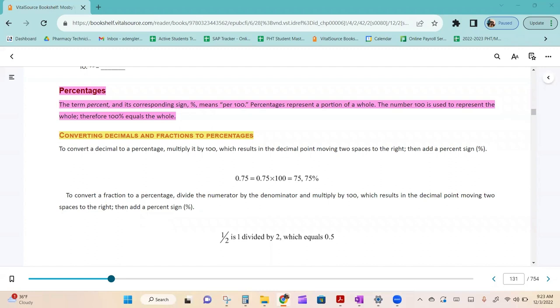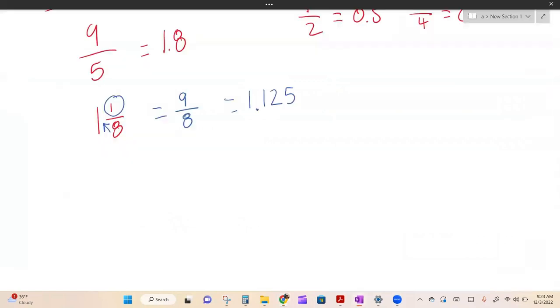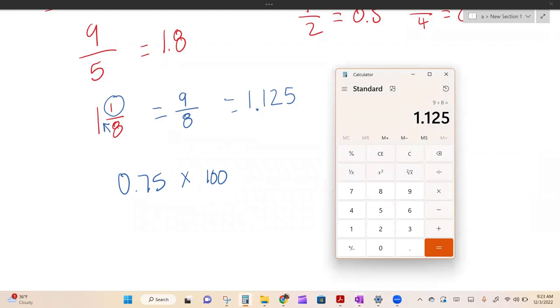Okay, so now we're going to do some percentage examples. We're going to first convert from a decimal to a percentage. So you can see here in this example, 0.75, that's the decimal. We want to convert it to a percent. To convert it to a percent, we're just going to multiply it by 100 because percentages are always out of 100.